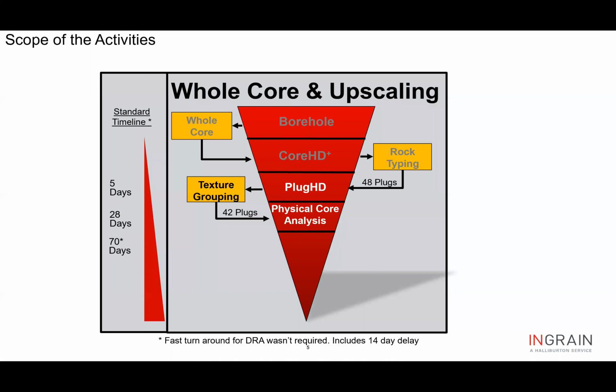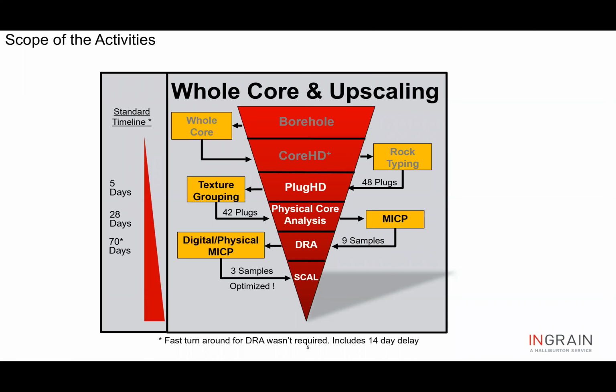So you see now we are going from meters or feet to inches, and then further, for our digital rock analysis, we take a very small chip of that core plug and do the digital rock analysis on it. So we are now going into much smaller than even an inch, looking into the nano or the micrometer scale. So it's multiple scales of data that we are handling, and then we are upscaling that back to our whole core, or to a level where it becomes more useful.